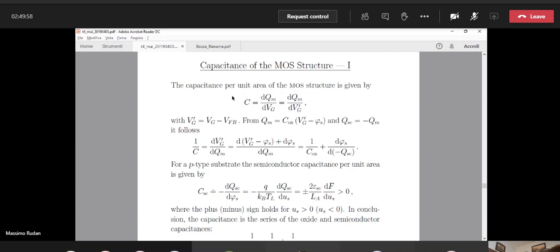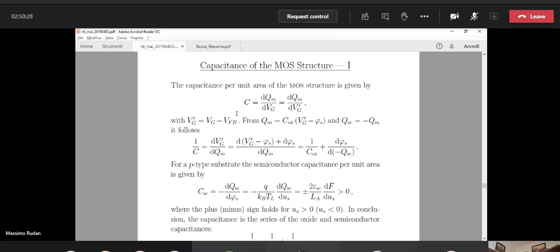So by definition, the capacitance per unit area of the MOS capacitor is the derivative of Qm with respect to Vg, but Vg differs from Vg prime by a constant, so we can take dQm over dVg prime. And the calculations are easier if we consider the inverse.